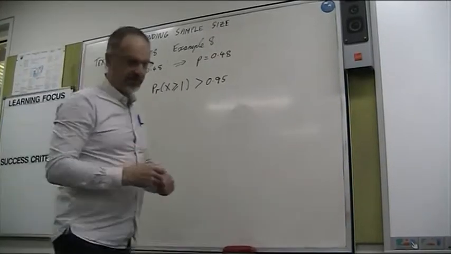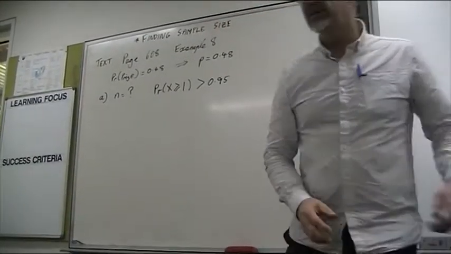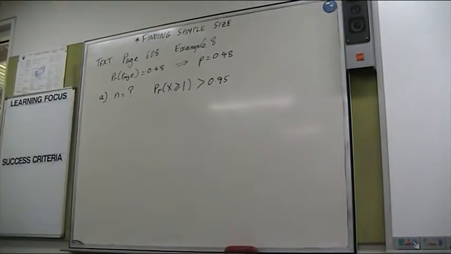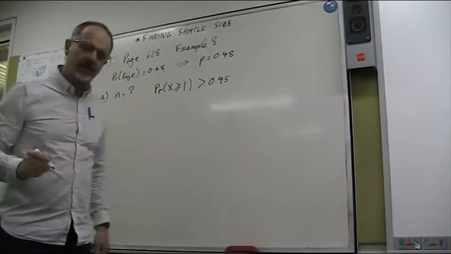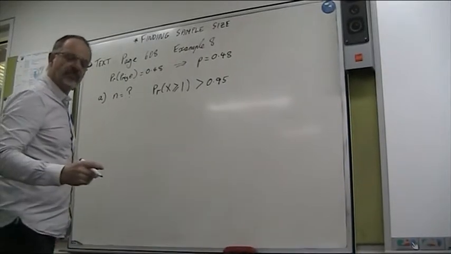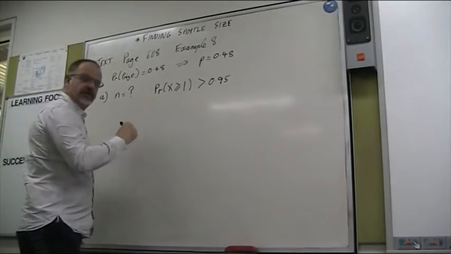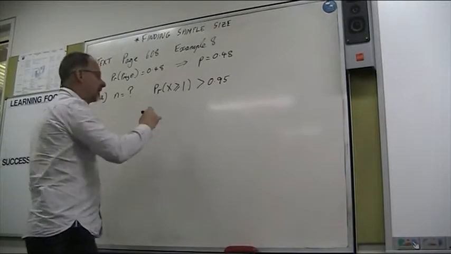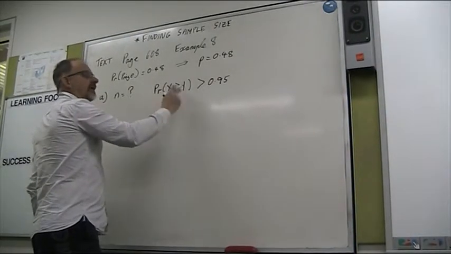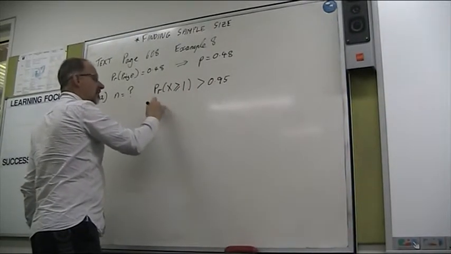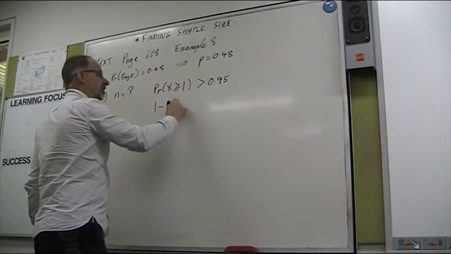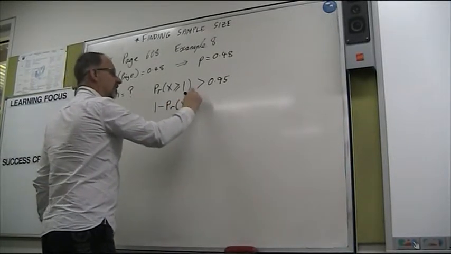Just remember when we used our calculator, it comes up with that green that wants to know what our lower and upper limits are. So what we've got to do is write it in terms of less than. So greater than or equal to 1 is the same as 1 minus the probability that x is less than 1.